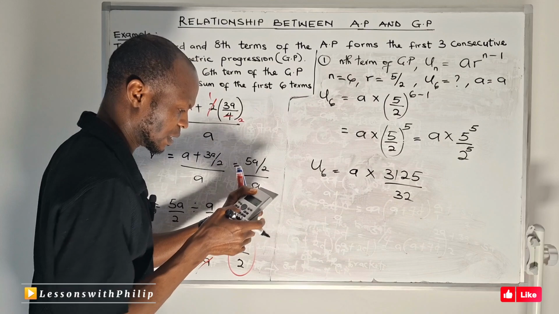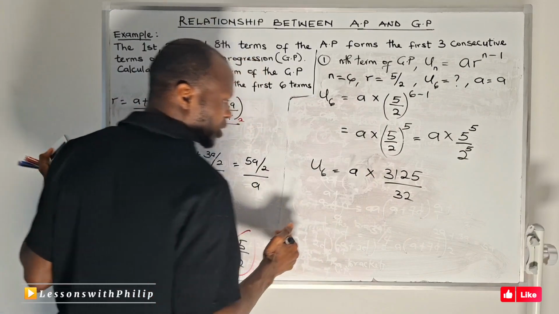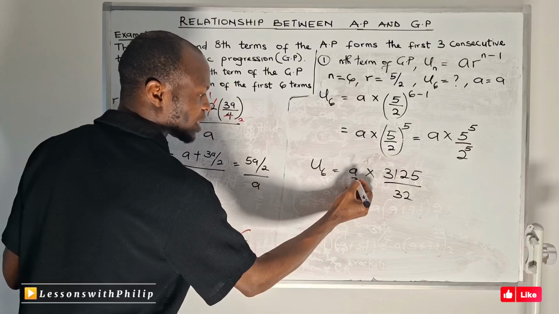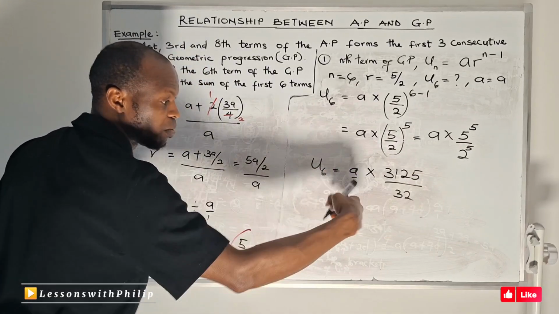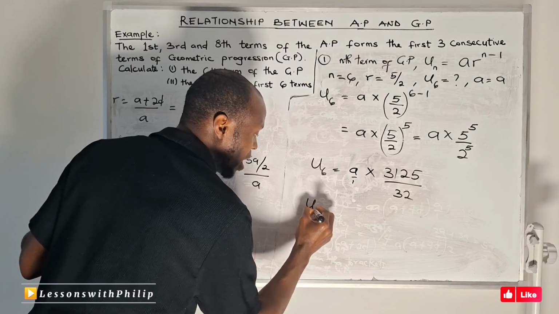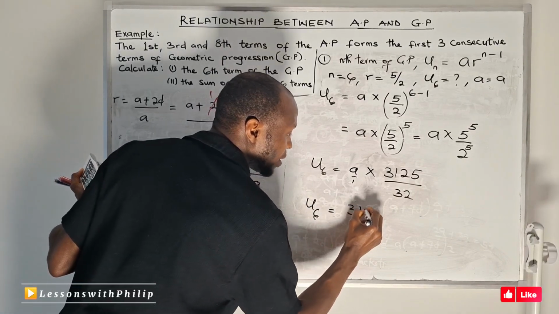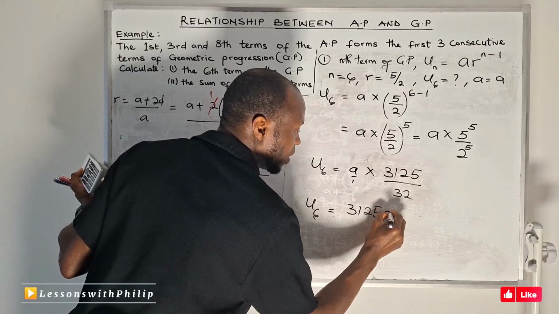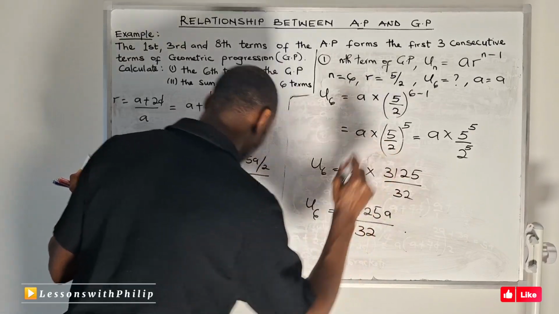Let me confirm, please. 32, correct. So a is the same thing as a divided by 1. The numerators multiply themselves and the denominators multiply themselves. That shows that our sixth term is the same thing as 3125a divided by 32. Correct.